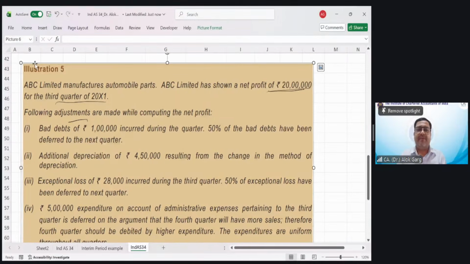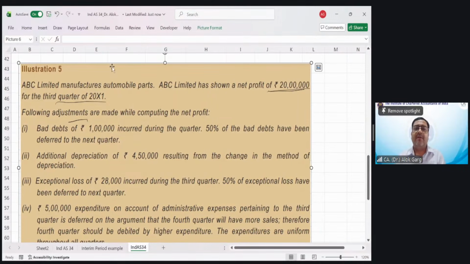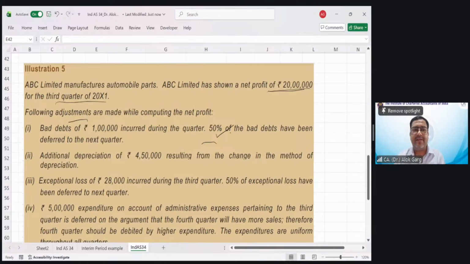Yes, my dear friends, bad debt of 1 lakh incurred during the quarter, 50% of the bad debt have been deferred to the next quarter. Friends, in the quarter, you got to know that one of the customers had become bankrupt. And there was 1 lakh rupees of bad debt, but 50% have been deferred to the next quarter.